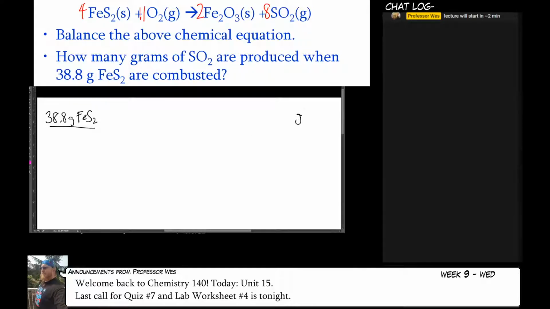I have grams of FeS2, and I want grams of SO2. I know that if I have moles of FeS2, I can then convert to moles of SO2. And turning from grams to moles is trivial. If we have Lentech, we could just look up the molar mass.